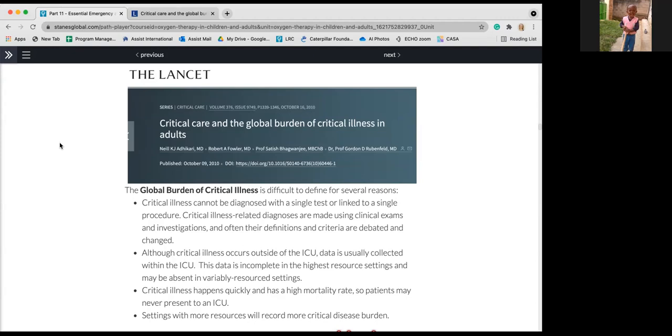Illness occurs outside of the ICU, data is usually collected within the ICU. The data is incomplete in the highest resource setting and may be absent in a variable resource setting. The third challenge is critical illness happens quickly and has a higher mortality.